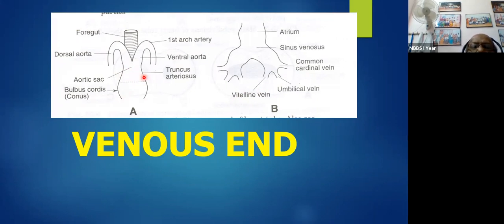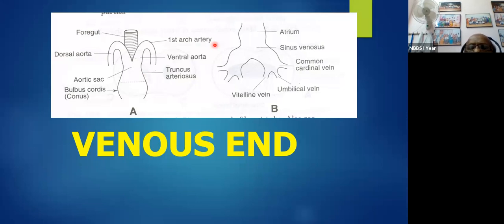If you trace the ascending aorta, it will be in continuation with the pharyngeal arches, which we are going to learn only in head and neck. For each arch, how many arches are getting formed? I told you yesterday: usually 6 arches, and the 5th arch will disappear.